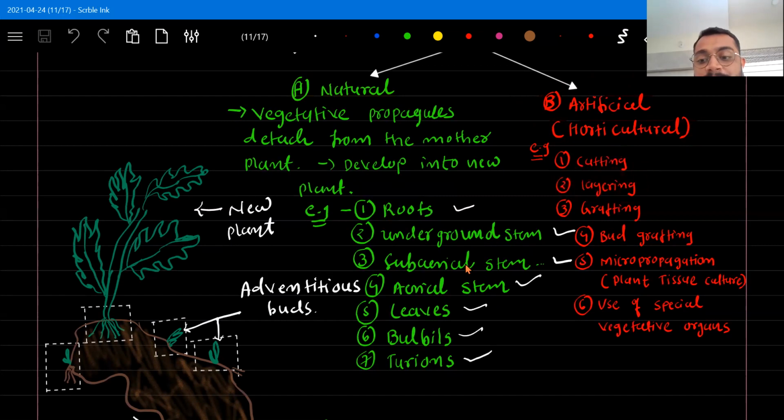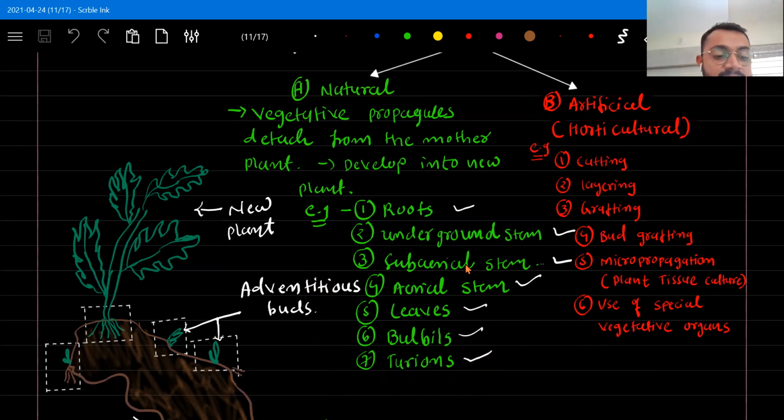Then the layering, then the grafting, then bud grafting, and micropropagation. Micropropagation is also called the plant tissue culture technique. Then sixth is the use of special vegetative organs. So we'll first study all the different methods of natural vegetative propagation, and then we will talk about the artificial propagation, that is the horticulture technique.